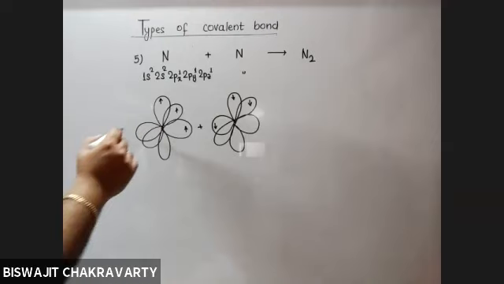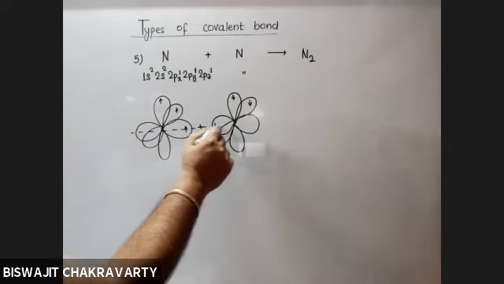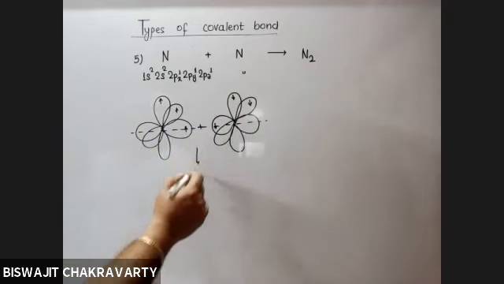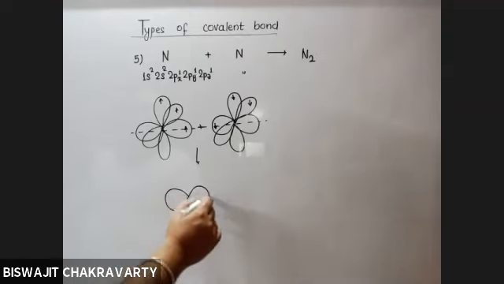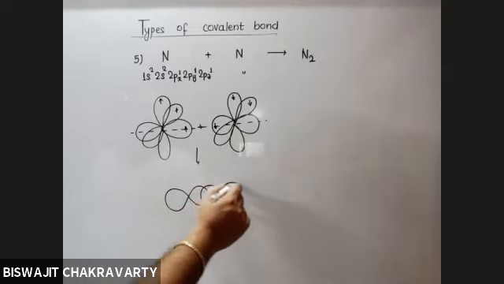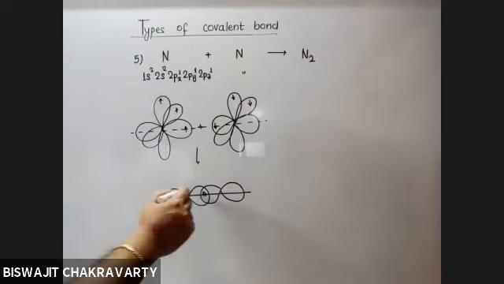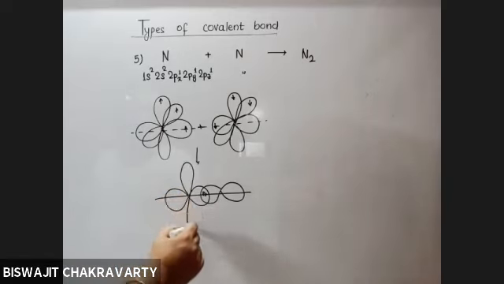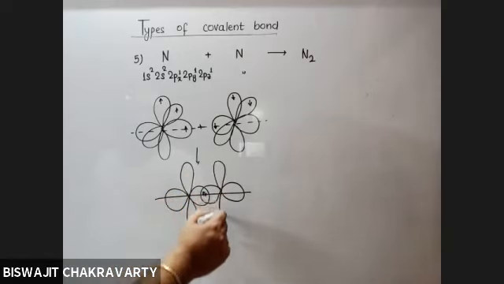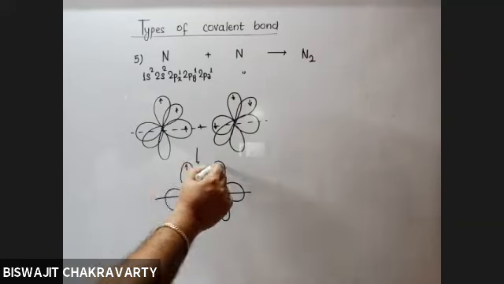So as usual, this is going to form the sigma bond by overlapping on the internuclear axis. This is going to form pi bond because both of them are unpaired.